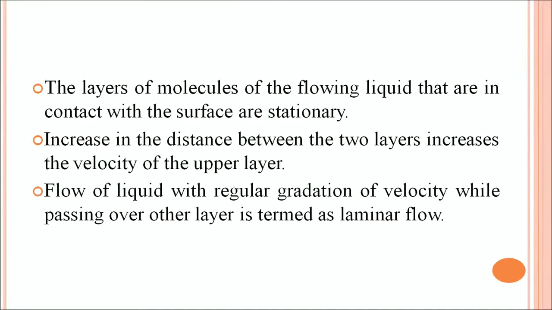The layers of molecules of flowing liquid that are in contact with the surface are stationary. An increase in the distance between the two layers increases the velocity of the upper layer. Flow of liquid with regular gradation of velocity while passing over another layer is termed laminar flow.